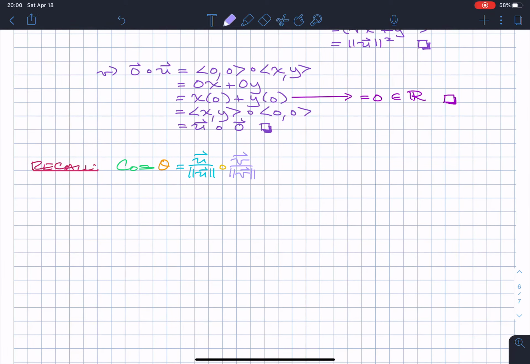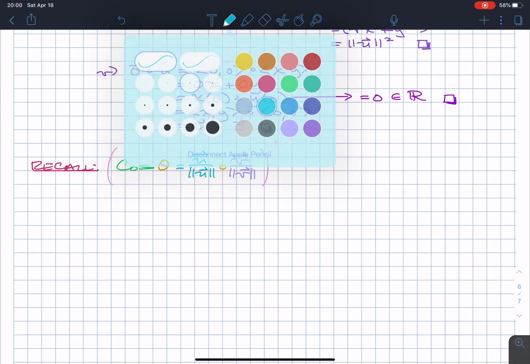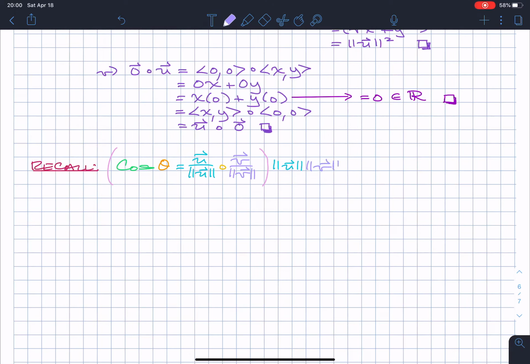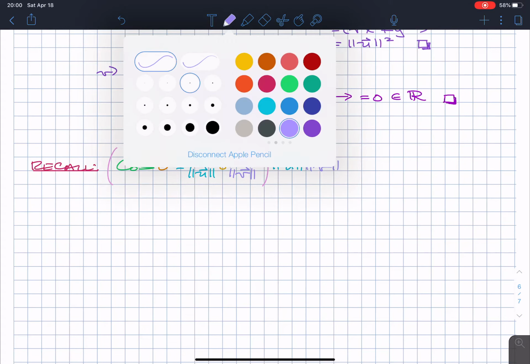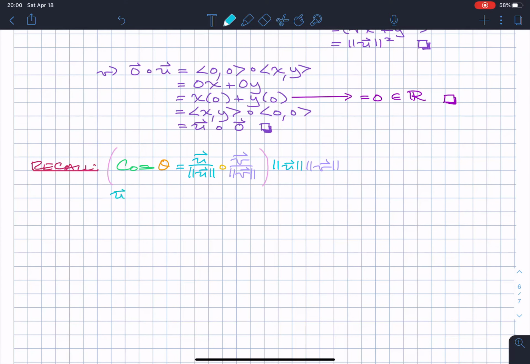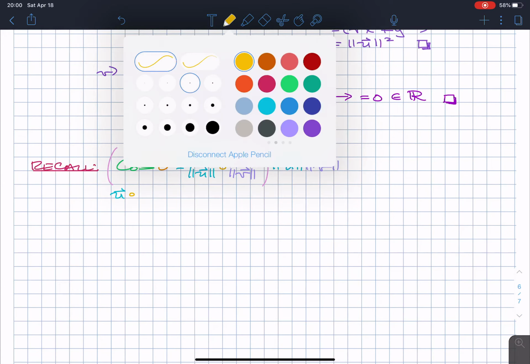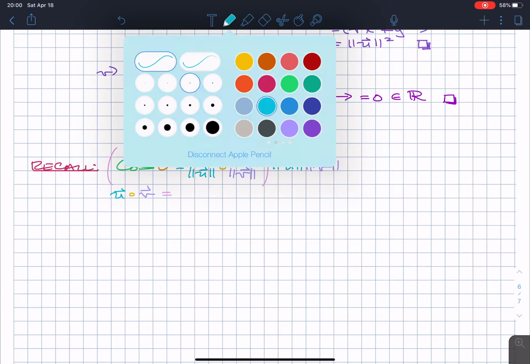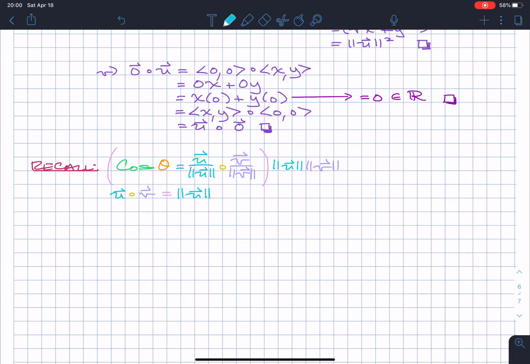Okay, so if I were to cross multiply here, if I were to multiply by the magnitude of u times the magnitude of v, I would get that u dot v, the numerator on the right hand side, can be said equal to, let me use pink for this equation, the magnitude of u times the magnitude of v times cosine of the angle theta between them.